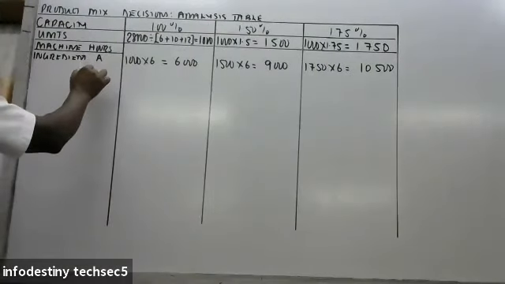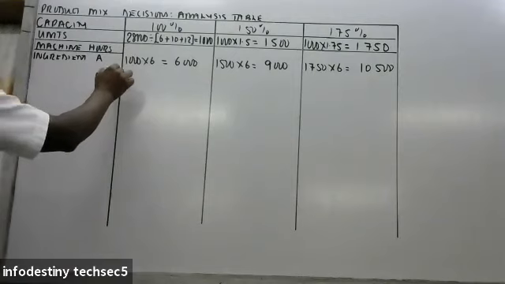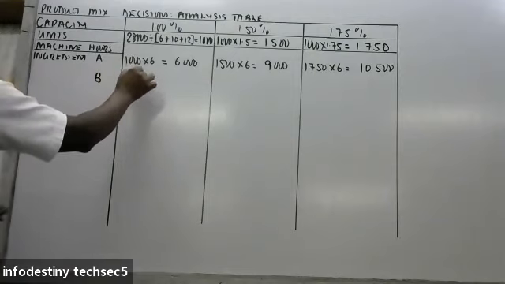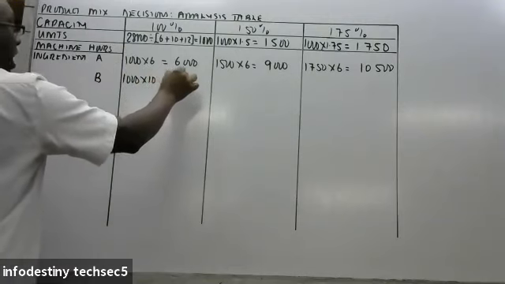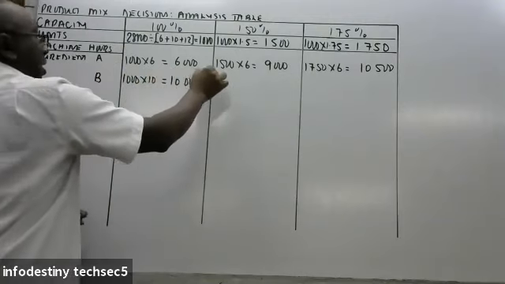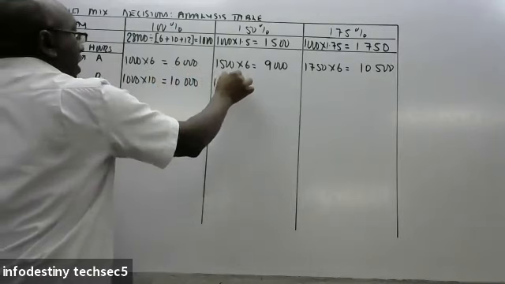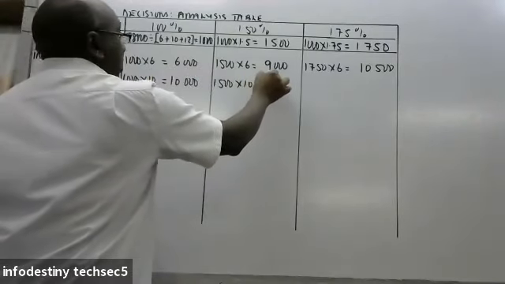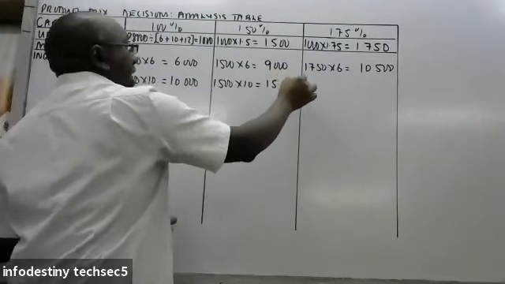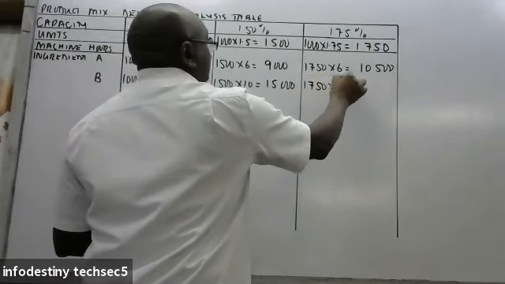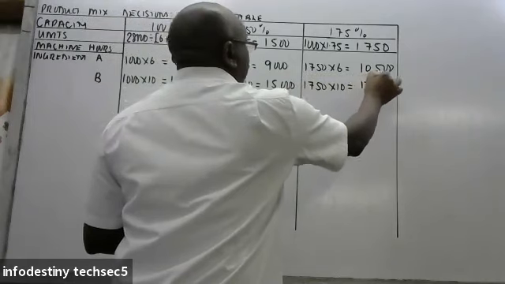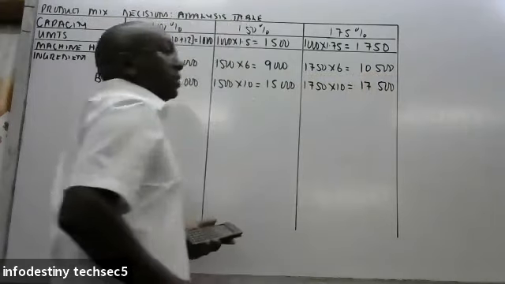Then I go to ingredient B, which requires 10. So it will be 1,000 times 10, which gives me 10,000. Then 1,500 times 10 will be 15,000. 1,750 times 10 would be 17,500.